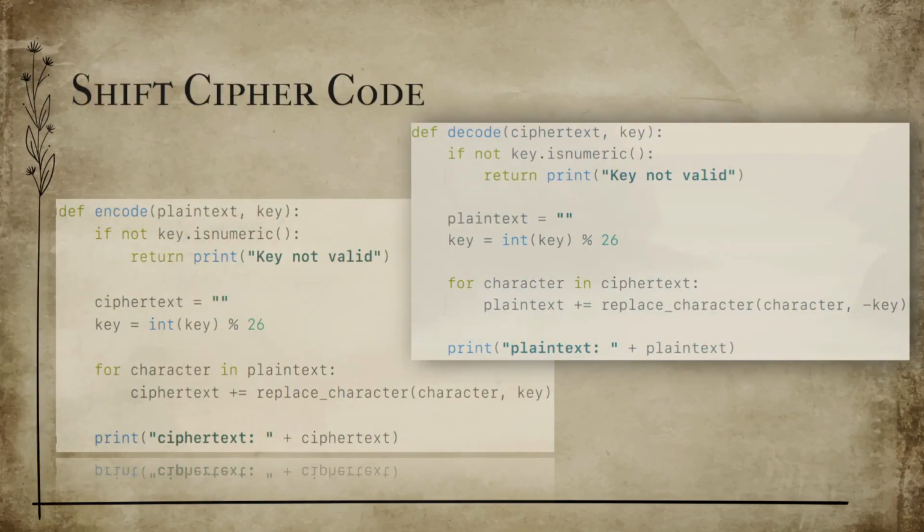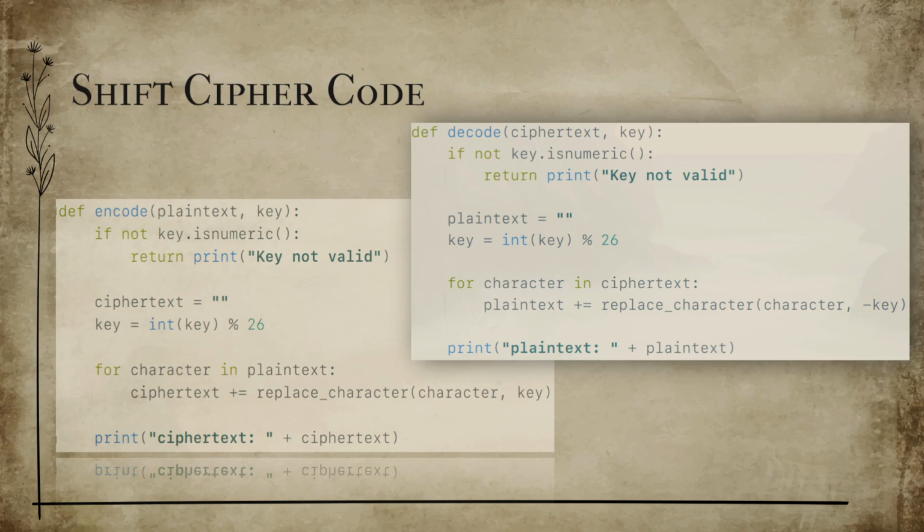Then we take a plain text and a key to encode. If the key isn't numeric, we return an error message. Initially, the ciphertext is empty. We'll divide the key by 26 and keep the remainder as the key, because any multiple of 26 will make it loop around from A to Z, and the remainder is the final position.